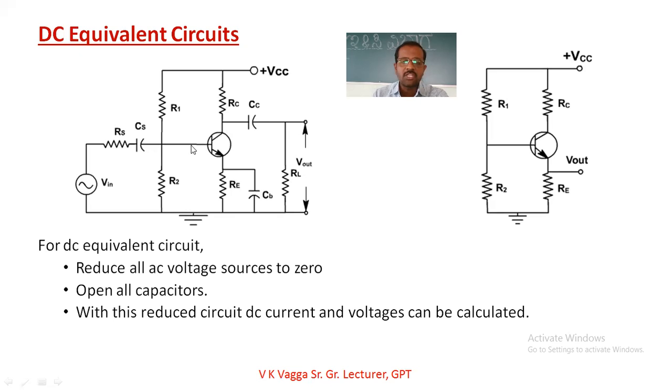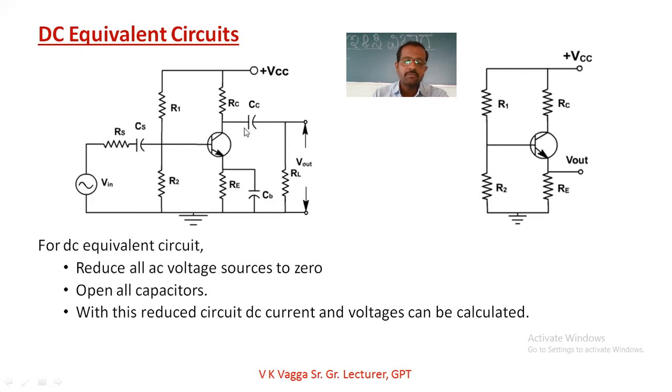So this circuit is indicated in this way. This is with the BJT, RC, RE, R1 and R2, and the DC voltage is considered. So this is assumed to be the DC equivalent circuit. It is only one example circuit here. If the capacitor is opened, this entire part is deactivated.